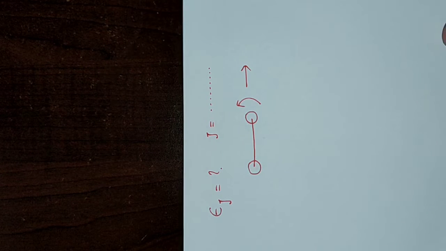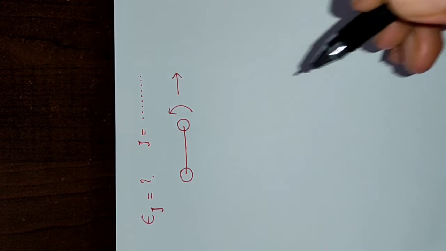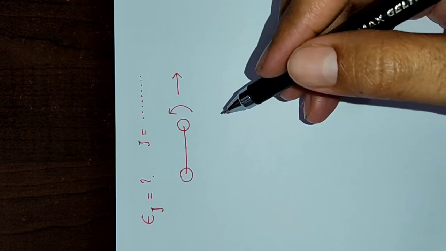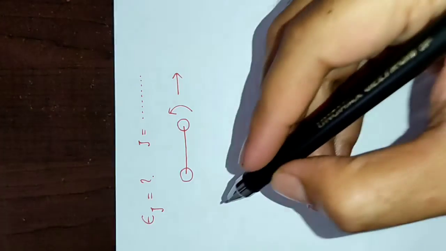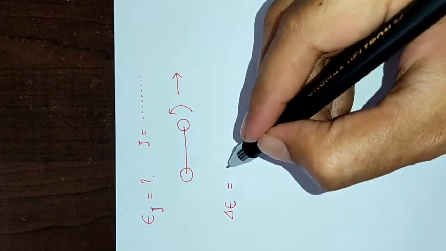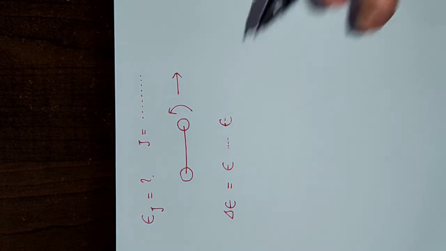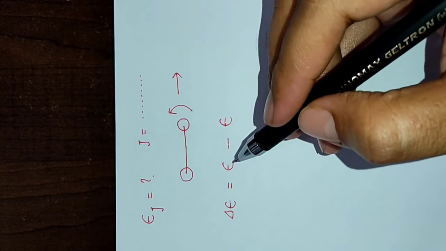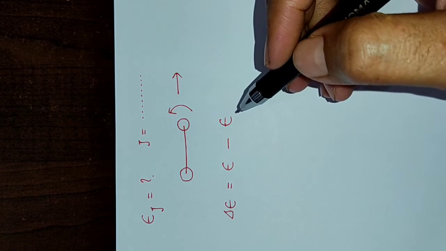Now, the study of energy difference is very important, since our main target is to find the position of the spectral lines. So, let us calculate del epsilon. Del epsilon means energy of the excited state or final state minus energy of the initial state.